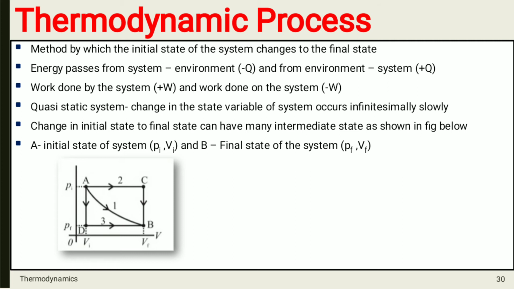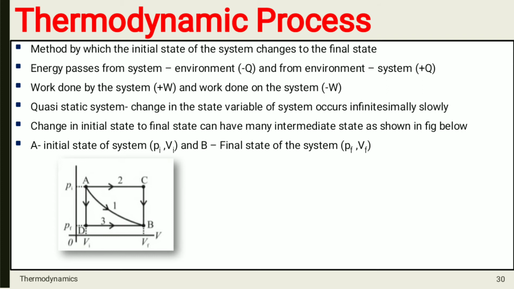Change from the initial state to the final state can have many intermediate states, as shown in the figure. In the figure, you can see that the system changes itself from initial state A to final state B by 3 different ways. In the first part, you can consider the system changes from the initial to the final state directly.